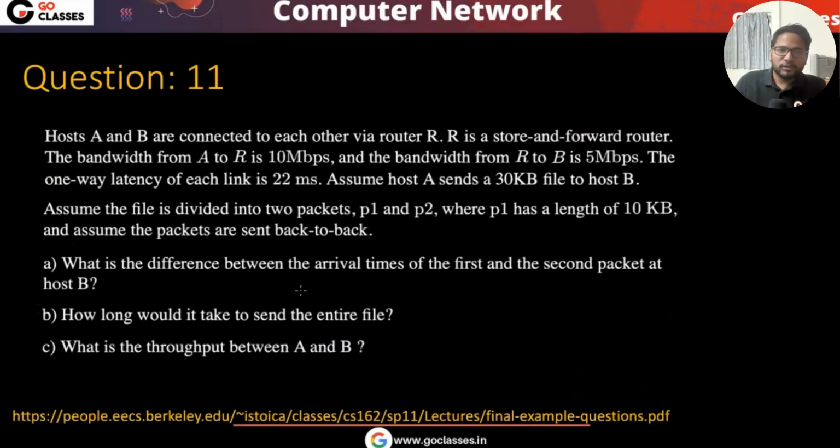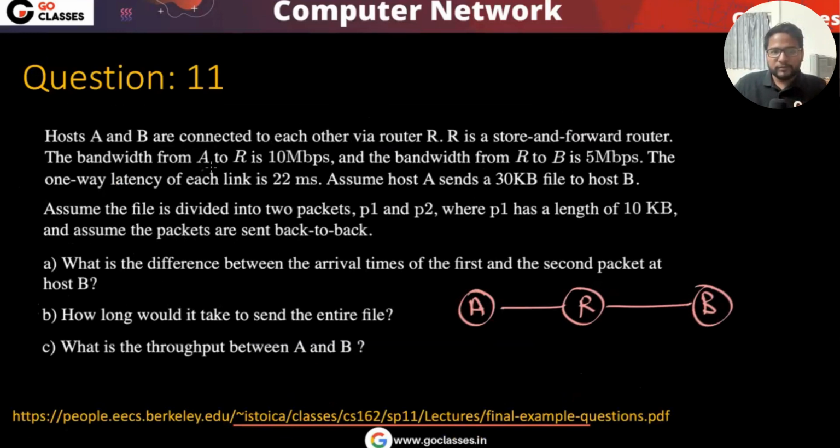Now let's solve this question. They're saying host A and B are connected to each other by a router R. R is a store and forward router. The bandwidth from A to R is 10 Mbps.